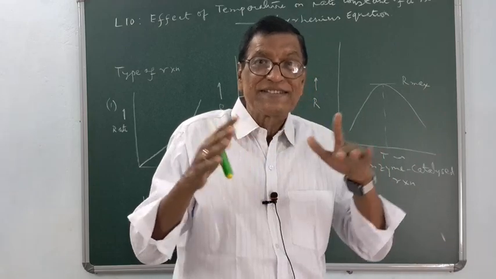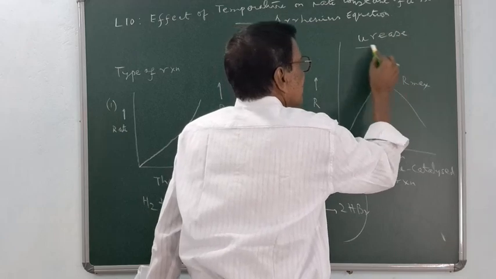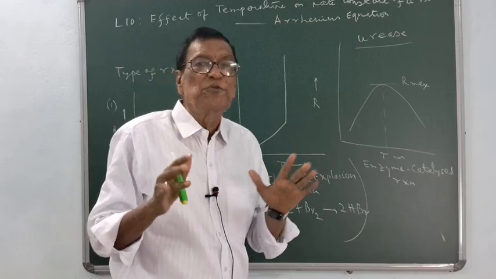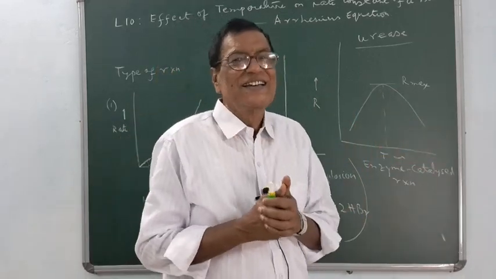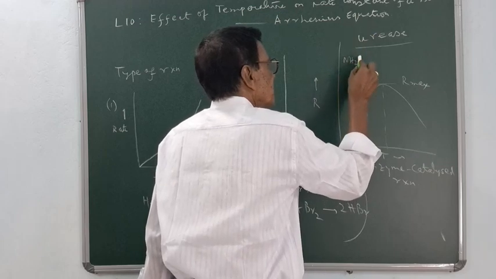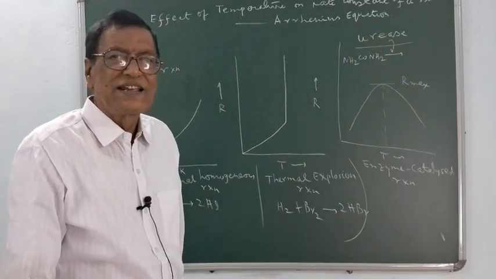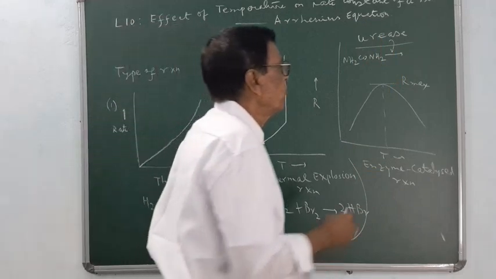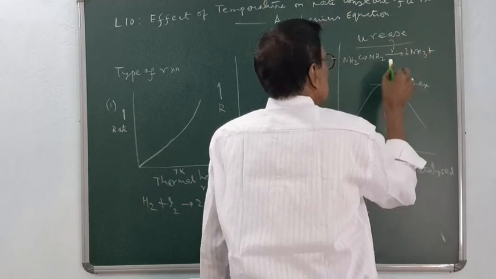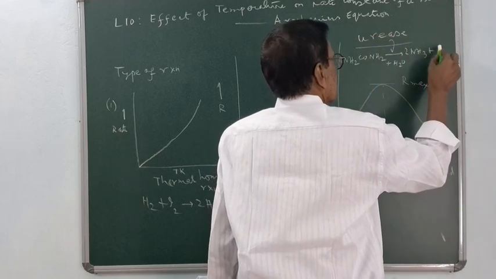Say urease, one catalyst, an enzyme. This urease decomposes urea. Decomposing urea, CO(NH2)2, whenever this urease catalyst is used, it forms twice ammonia plus water, and plus carbon dioxide.